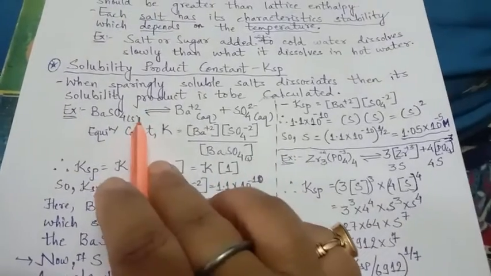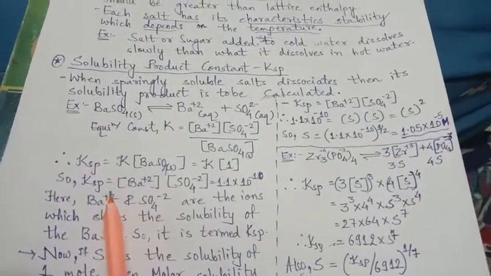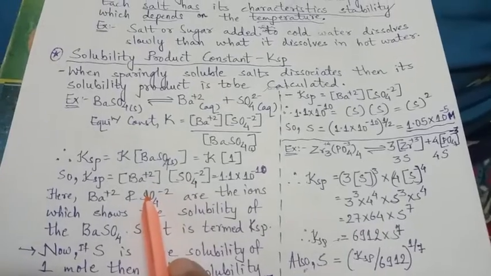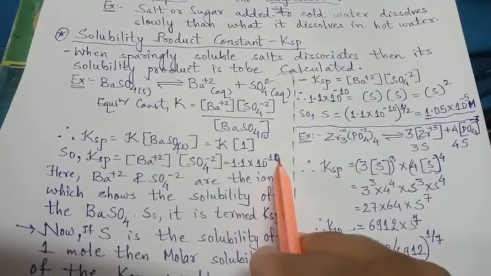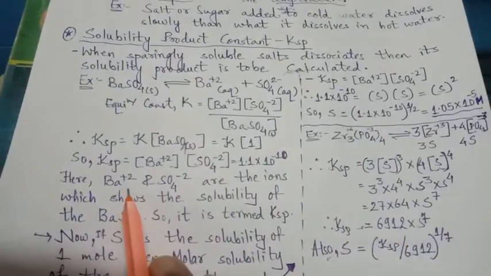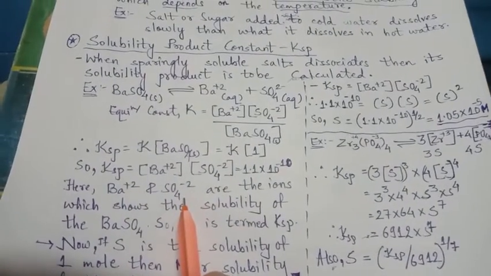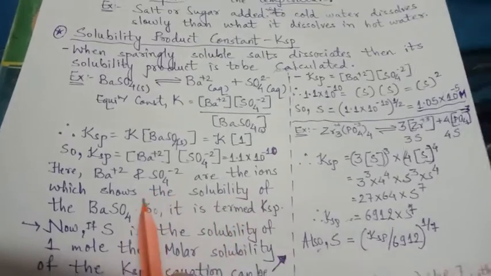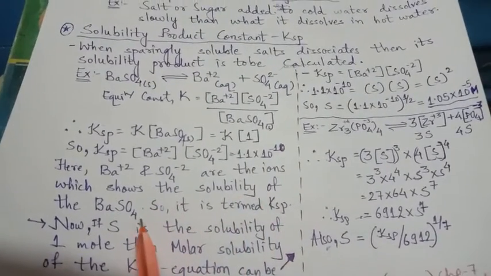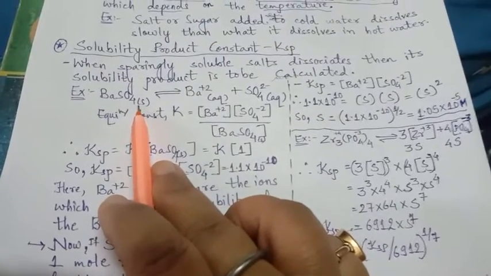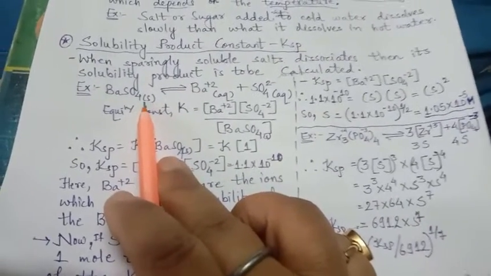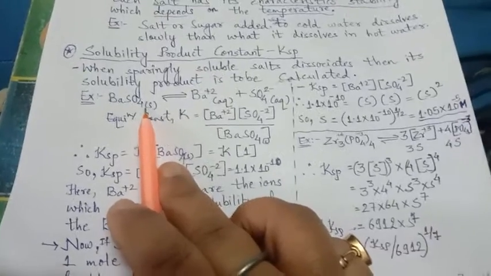For barium sulfate, the calculated Ksp after dissociation is 1.1 into 10 raised to minus 10. Here, Ba2+ and SO4 2- are the ions which show the solubility of BaSO4. As soon as BaSO4 is added into H2O, that is an aqueous medium, how does it dissolve?